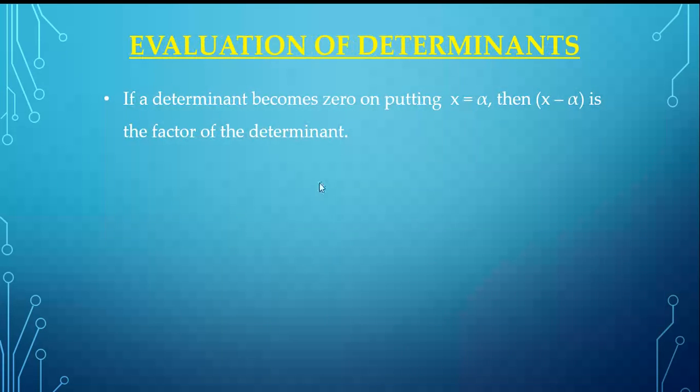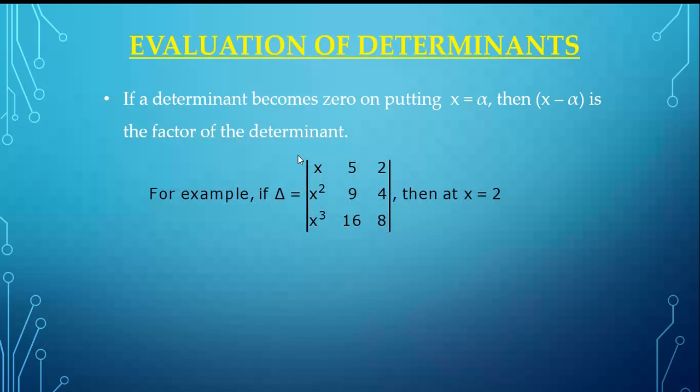Now, evaluation of determinants. Suppose our determinant becomes 0 on putting x equal to alpha, then in that case x minus alpha is a factor of the determinant. See here, for an example, suppose we have this determinant delta, with entries x, x square, x cube, 3, 5, 9, 16, 2, 4, 8. Here we say that x equal to 2. How can we say that?